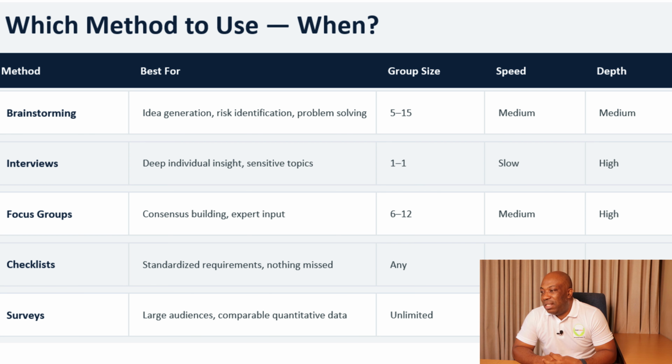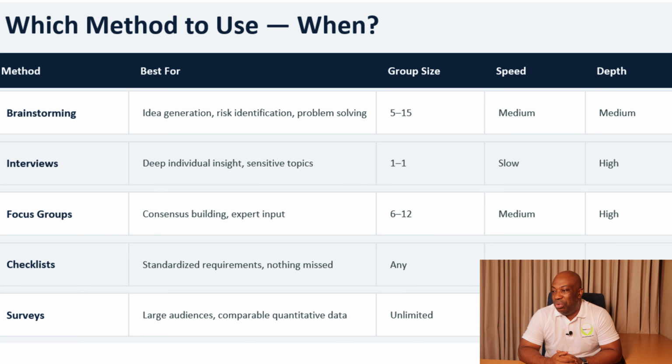When it comes to checklist, it is best for standardized requirements, and nothing is actually missed because you have a standardized requirement. You tick what is in, what is out, and the group size can be any. You can use fast for speed, and it's slow on depth. So checklist can be physical or even electronic. That is why you have any size.